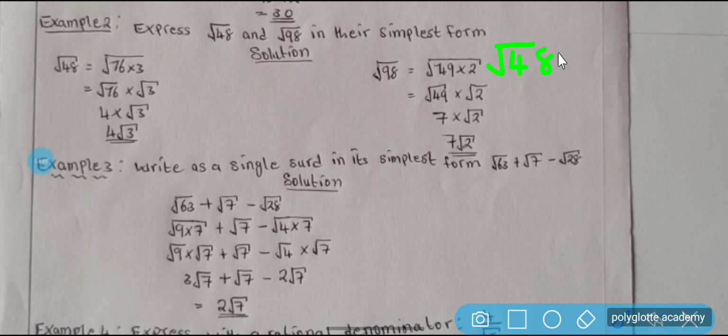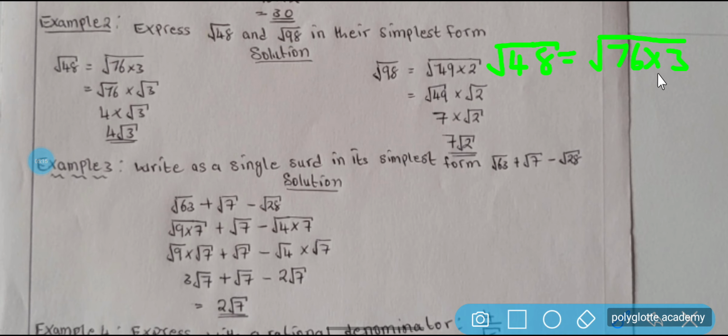Now we are going to look for two roots that when we multiply them we are going to have 48, and where one will be a square root. For example, we are going to take 16, that is root 16 times root 3.